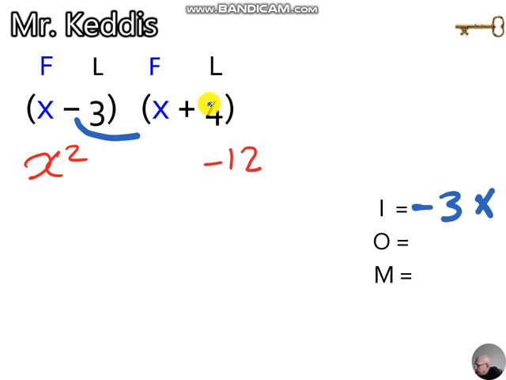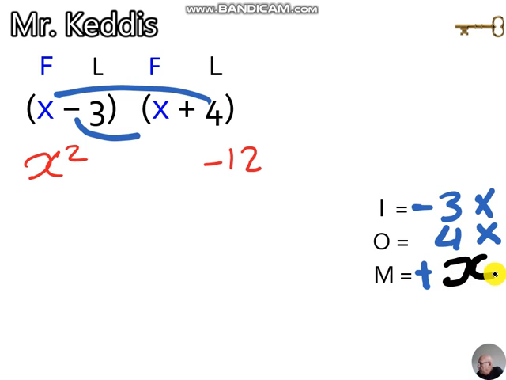The outer product, I multiply 4 times x. I have two different signs here. I take the sign of the higher number, which is the sign in front of the 4, which is positive. I have different signs here, I subtract. 4 minus 3 is 1x. It means positive 1x.